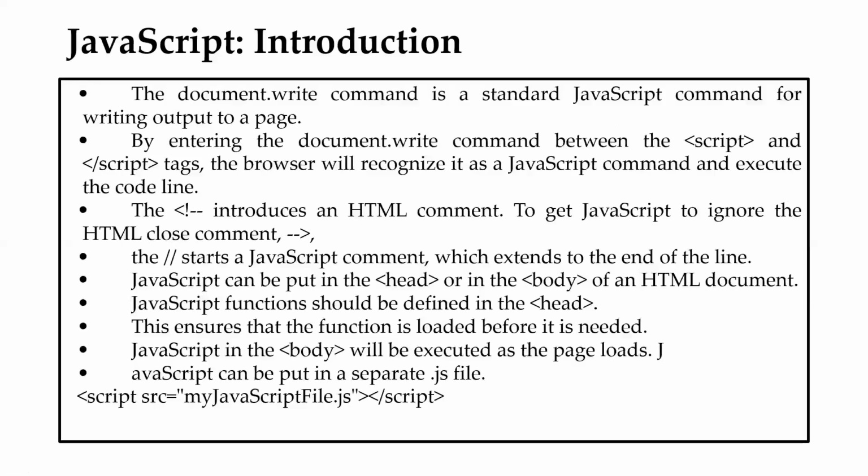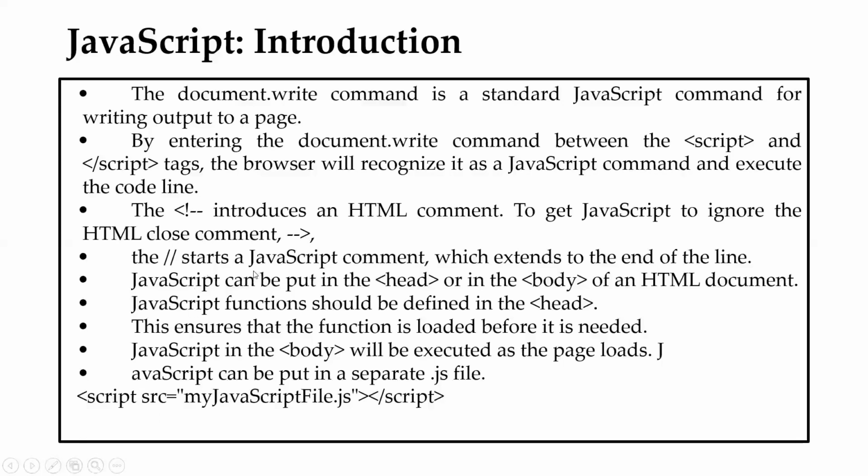The document.write command is a standard JavaScript command for writing output to HTML pages or browsers. By entering the document.write command between the starting and ending tags, the browser will recognize it as a JavaScript command and execute the code line.